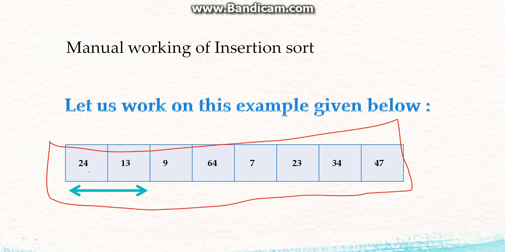Our first step will be, we'll start with 24 and 13. We are going to compare this. From this, we know it is not sorted because 24 is greater, so 24 will go here and 13 will come here.